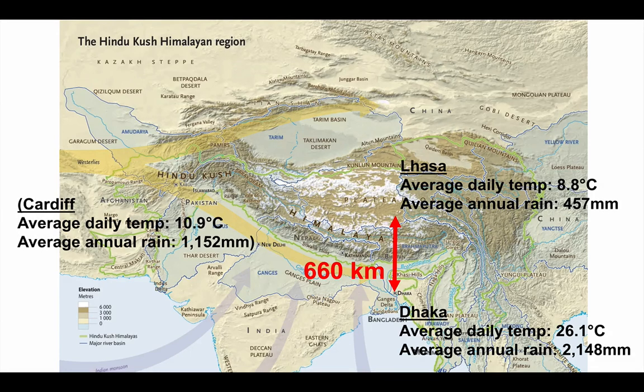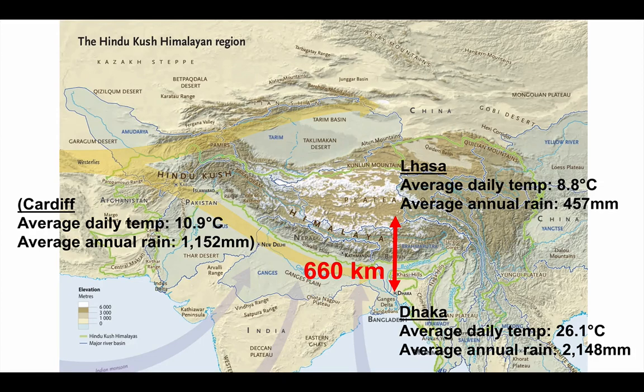You can compare that with a typical British city such as Cardiff. 11 degrees daily temperature, rainfall of 1,152 millimetres. The reason, though, for the difference between Dhaka and Lhasa is this Himalayan barrier.